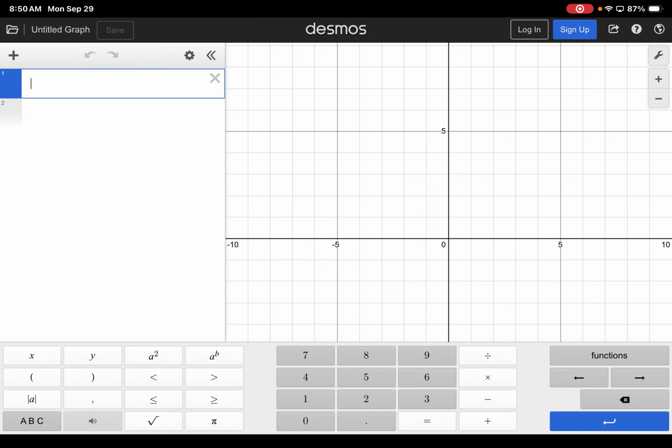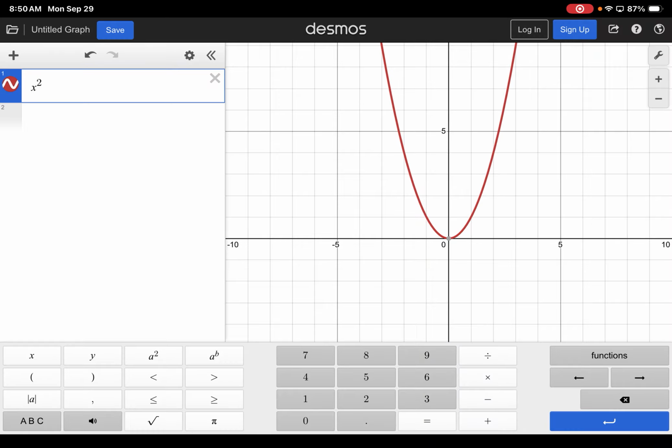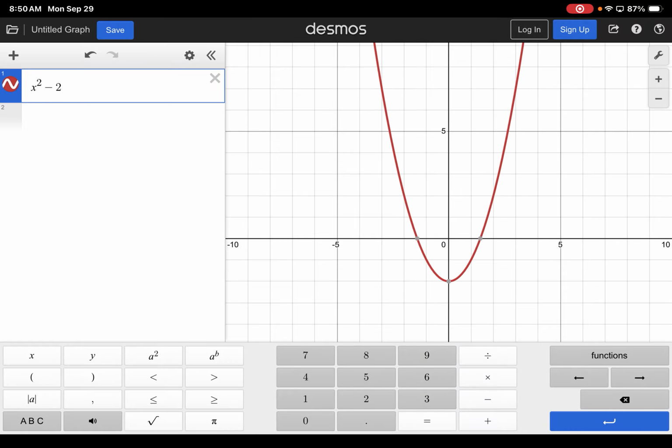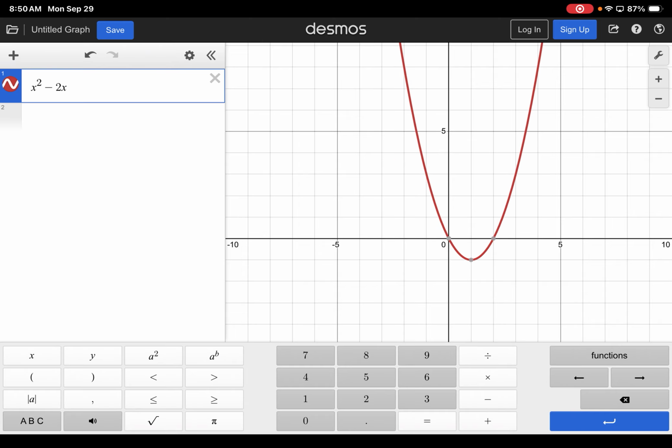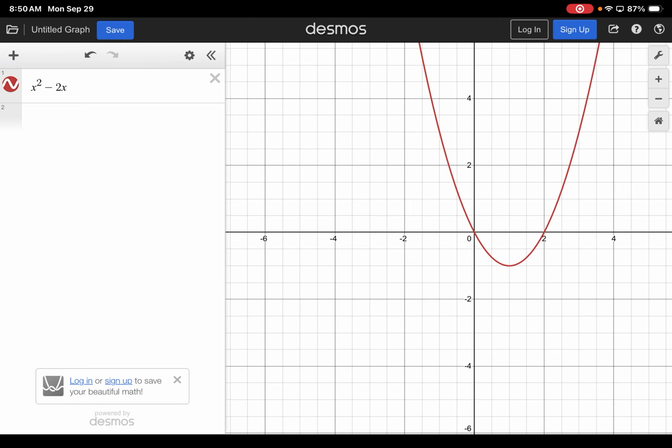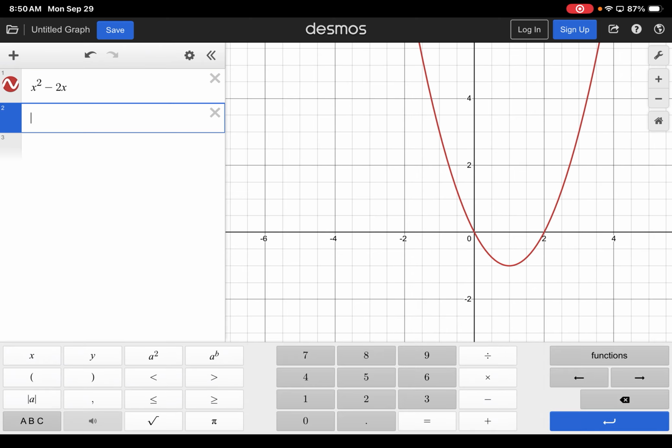So if we go into Desmos, and if we type in the function x squared minus 2x, it is kind of lopsided. See how here's the y-axis. You can't fold it there. It's not lined up perfectly with that.